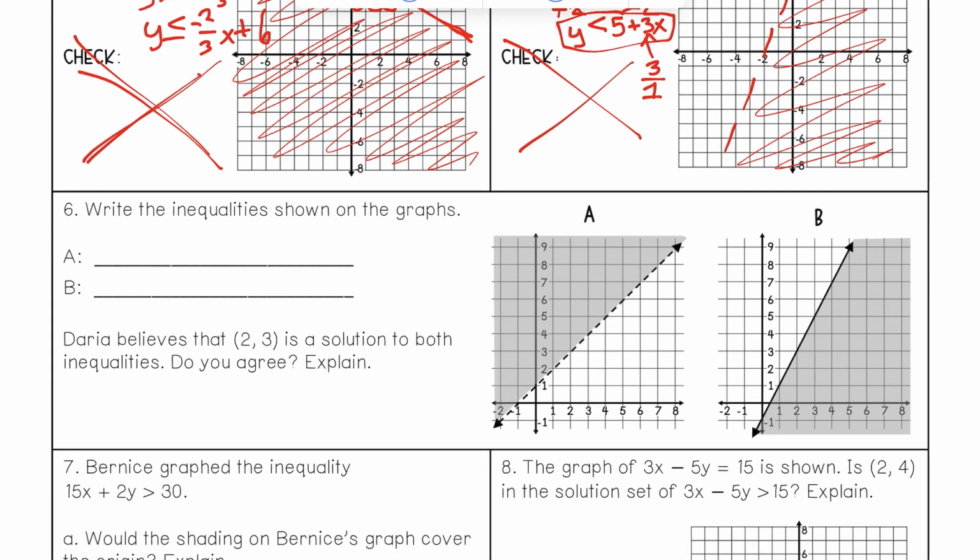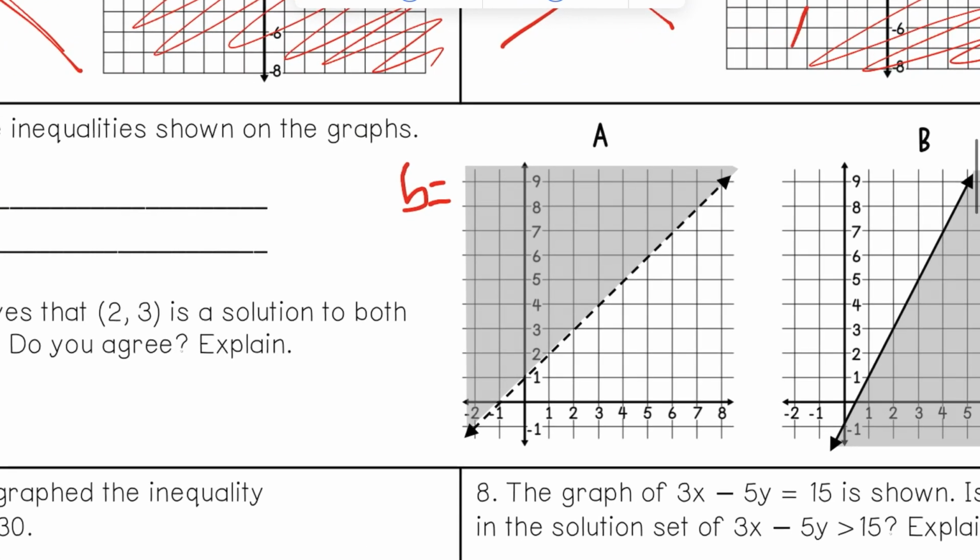All right. Now, write the inequalities shown on the graphs. Well, I know that it's going to be like a y, some sort of symbol here, something, and then mx plus b. Right? So let's figure out what those numbers need to be. My b for this one equals, well, it's 1 right there, right?